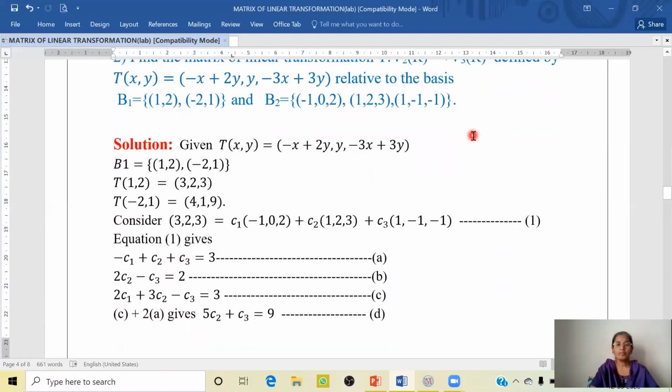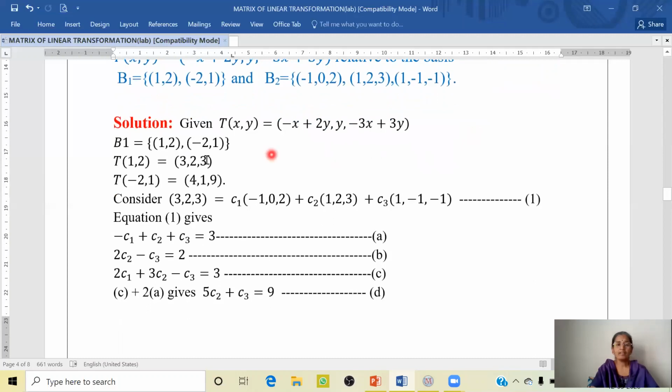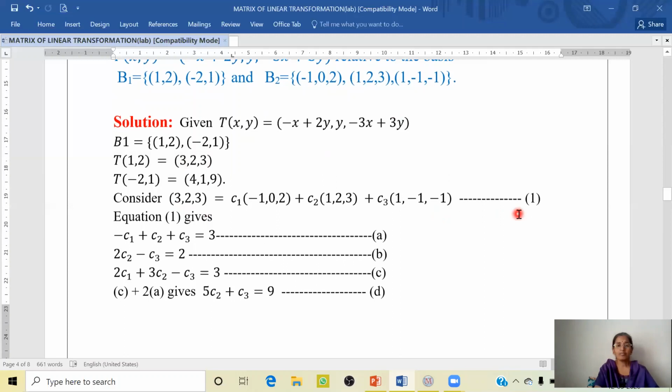So similar to the previous problem, let us find the images of the B1 basis elements. We get these 2 triplets, and these 2 triplets are expressed as the linear combination of the B2 basis elements as 3, 2, 3 is written as C1 into minus 1, 0, 2 plus C2 into 1, 2, 3 plus C3 into 1, minus 1, minus 1, and we express that as expression 1.